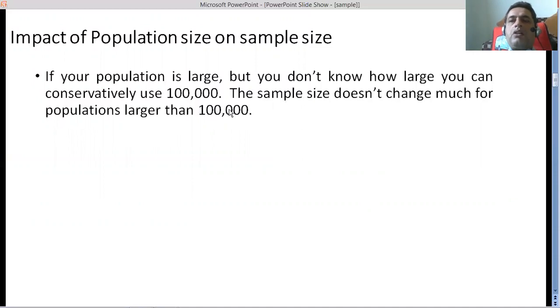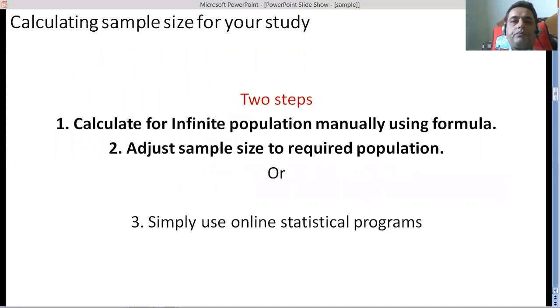There is not a great deal of increase in the sample size when the population exceeds this particular limit. So you can just keep it 100,000, and you can get reliable results for whatever the population you are going to figure out the prevalence in.